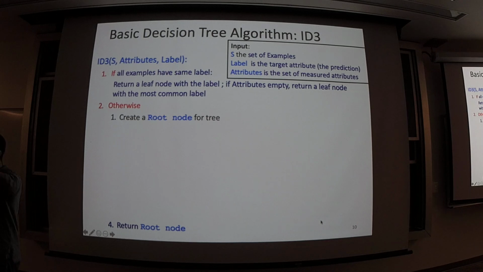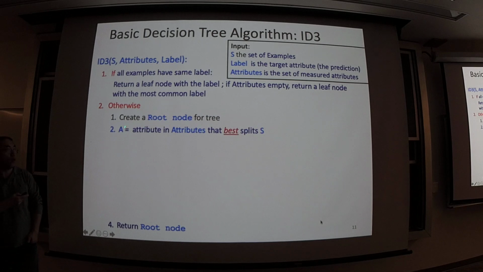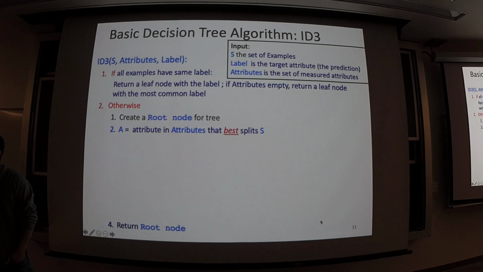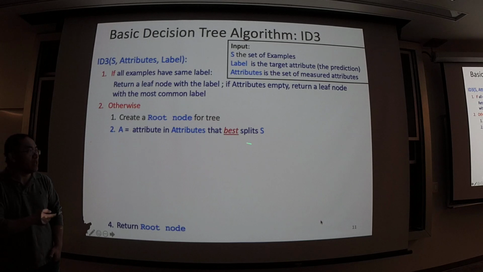If you run the algorithm from scratch, the root node will be the whole tree's root, but if you call this algorithm again recursively, it will create a root node for a subtree, from which we're going to further expand branches and nodes. Once we create a root node, we go through each attribute in the current set of attributes and select one attribute, say A, that best splits the data set.